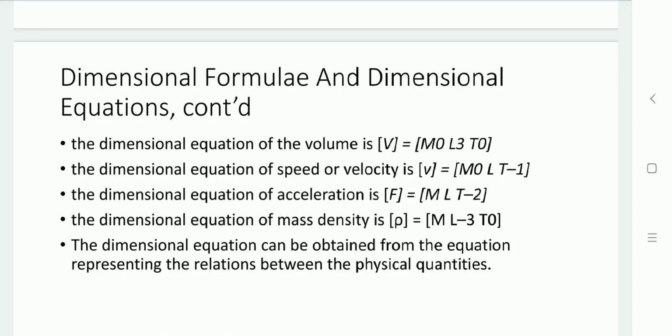For acceleration, a equals M0 L raised to 1 T raised to minus 2. And mass density rho in square bracket is equal to M raised to 1 L raised to minus 3 T raised to 0. This is how these physical equations can be obtained from its base physical quantities.